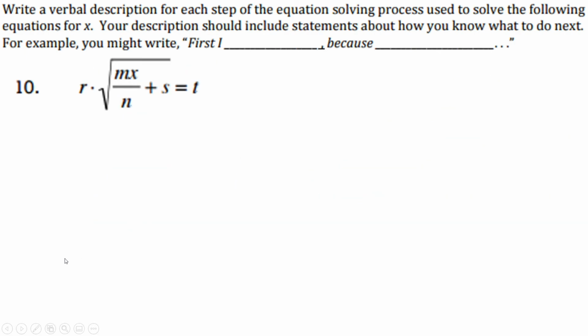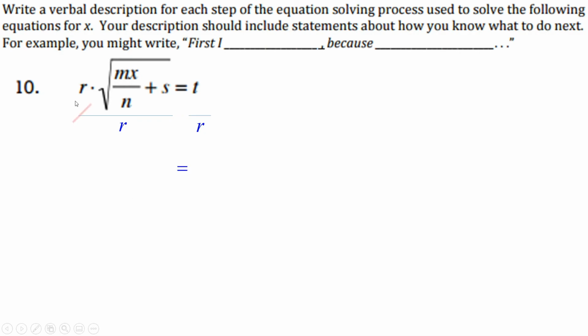All right, number 10. If we're going to solve for the x, do you see how that square root or radical symbol is being multiplied by r? We better get rid of that multiplication by r first. So I divided both sides by r. Now let's rewrite.